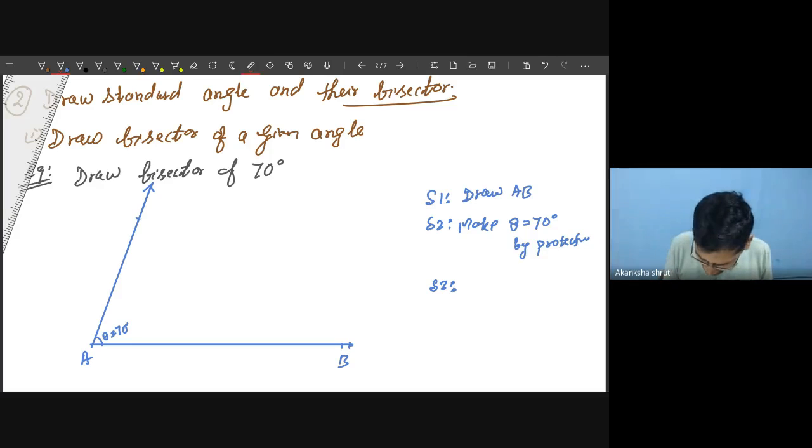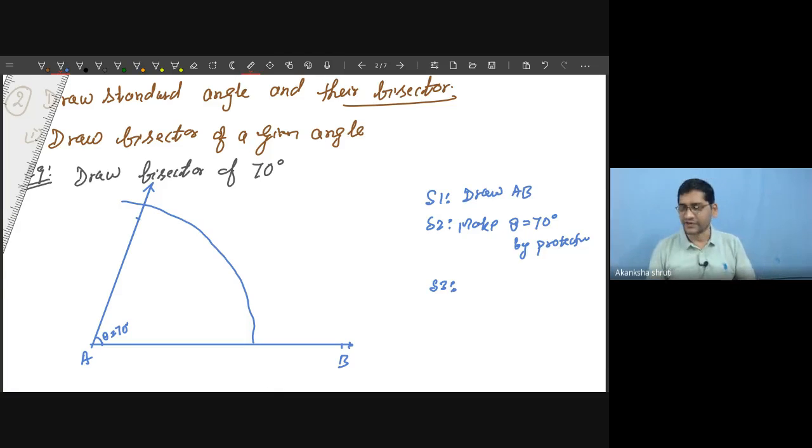For making an arc, I will make it by placing it here, like this one. Okay, students? So this is the arc, with this radius I have drawn this arc.